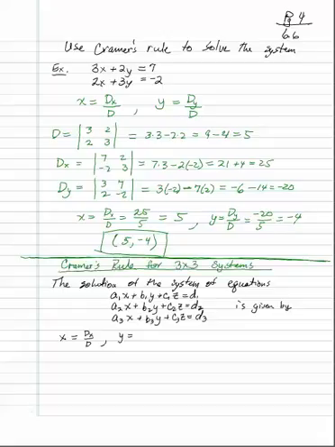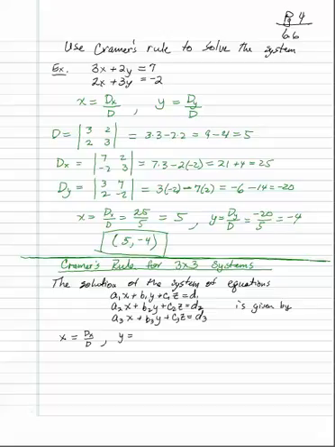Now you can extend Cramer's rule to any size system you want, so let me show you how to do it for 3 by 3, and hopefully you can figure it out for 4 by 4 or 5 by 5. Okay, so we have a 3 by 3 equation. Again, note the subscripts are for the equations. So a, b, c are coefficients of x, y, z respectively, and d's are your constants.